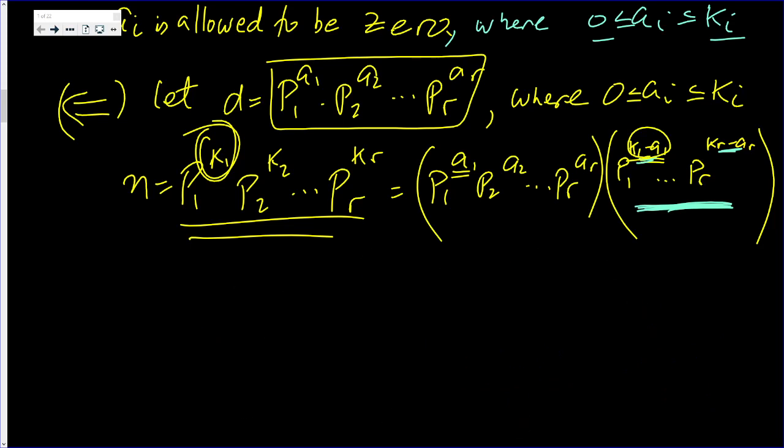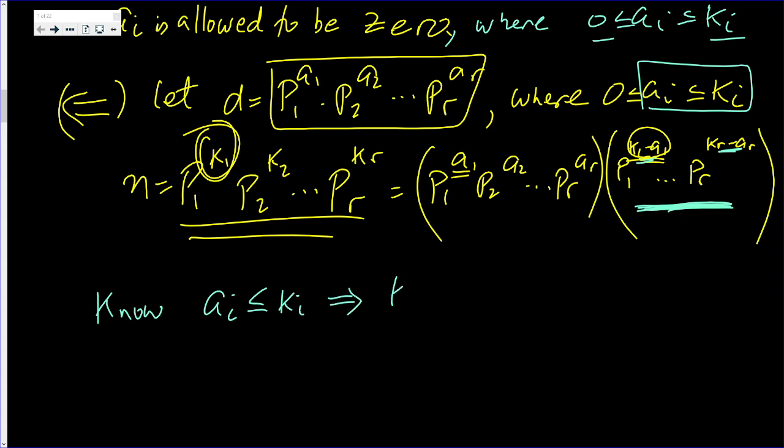Okay, so we're gonna come right here. We know that a sub i is less than or equal to k sub i. That is, k sub i is greater than or equal to a sub i. Taking a sub i away from both sides, we get that k sub i minus a sub i is greater than or equal to 0.